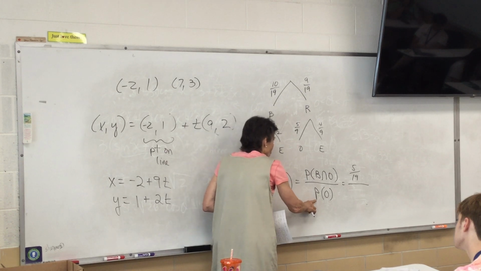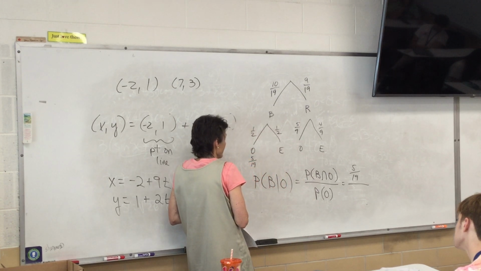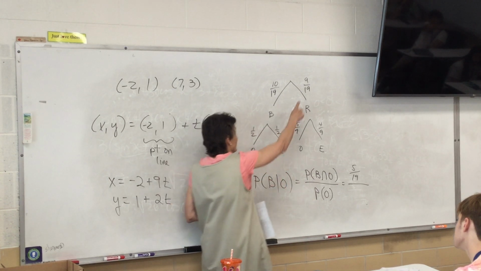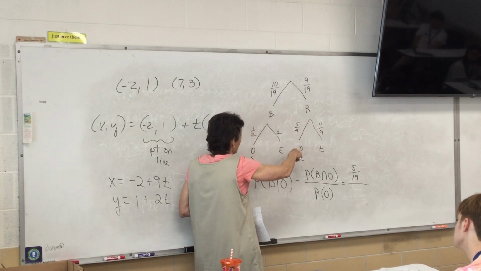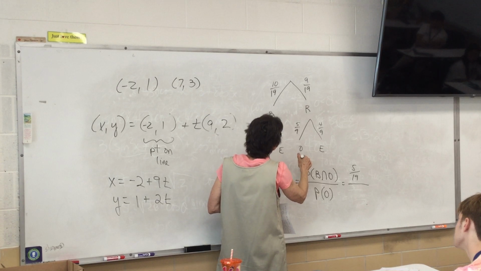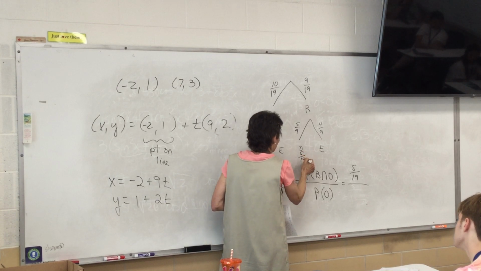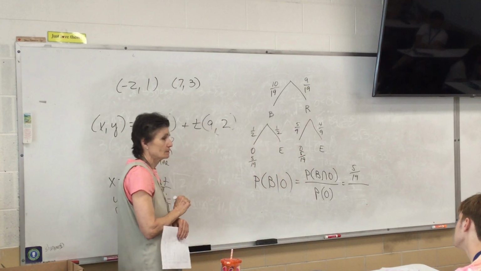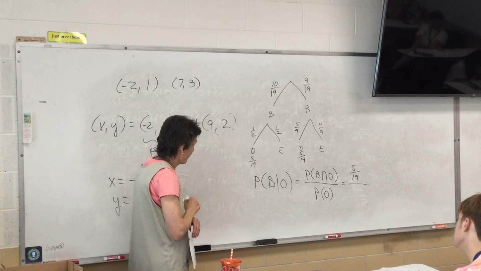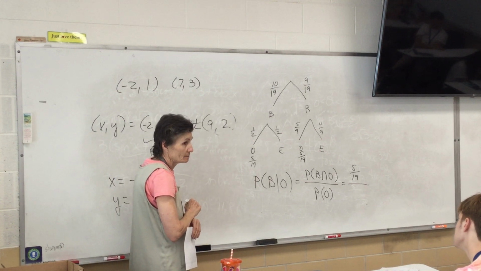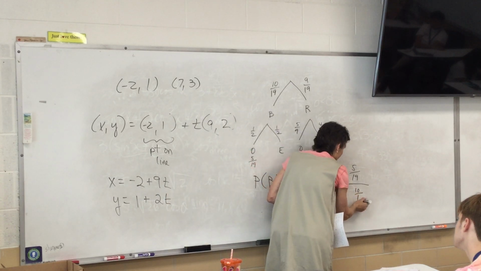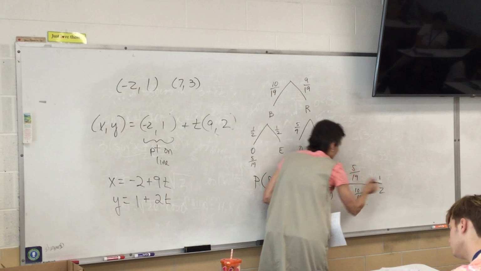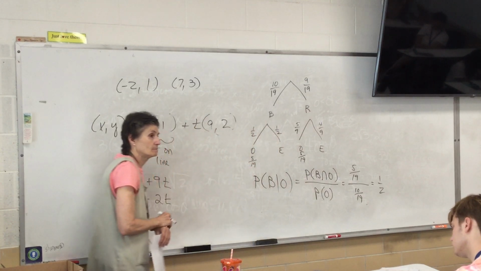But now I need the total probability of being odd, which would be this one plus this one, which is that also 5 19ths? So that denominator will be, add those together, 10 19ths. So it looks like your probability is 1/2.